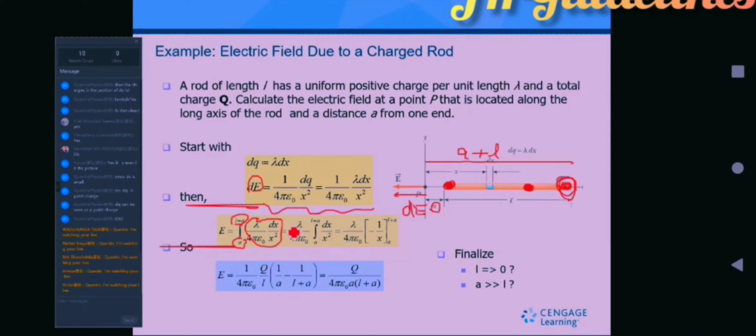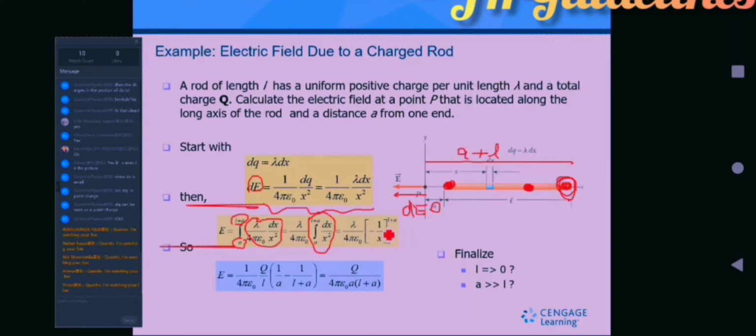For a constant, which is not related to the integration, we can take it out of the integral. We can take lambda divided by 4 pi epsilon 0 out, and we get dx divided by x squared, integrated from A to L plus A. I hope you've learned this integration in advanced mathematics.